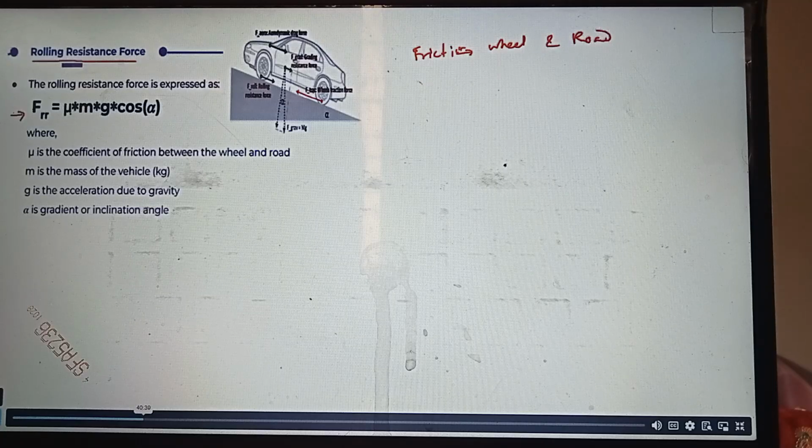This resistive force is given by mu mg cos alpha. Please note down this equation. FRR, that means force due to rolling resistance, is mu mg cos alpha, and the unit is Newton.